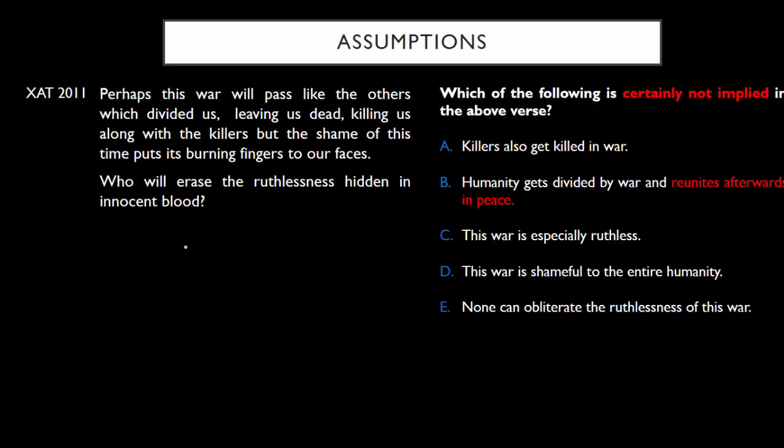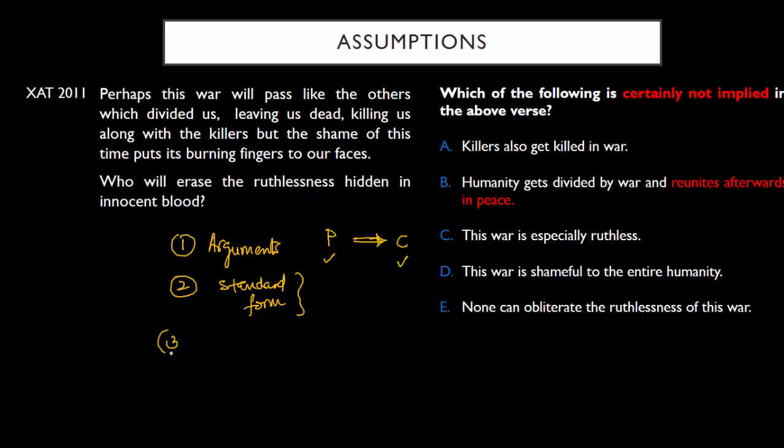What we've done so far, we first understood what arguments are, which is a premise leading to a conclusion. The second thing is we looked at the standard form, which is our ability to identify the conclusion and the premise. The third thing that we looked at is assumptions.